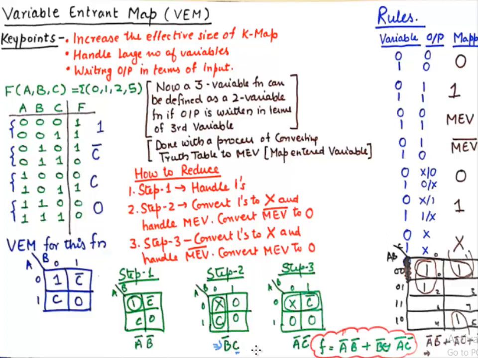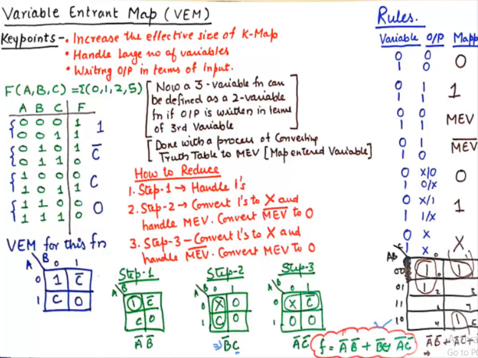So this is B bar C. Similarly, we have the common term A bar, and then the map entered variable itself was C bar, so it is A bar C bar. And finally we have the function as A bar B bar plus B bar C plus A bar C bar, and we could verify that with a 3 variable K map also with these 8 blocks. So we have these 3 pairings which give us the same result.